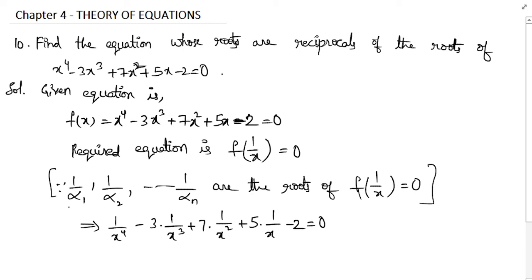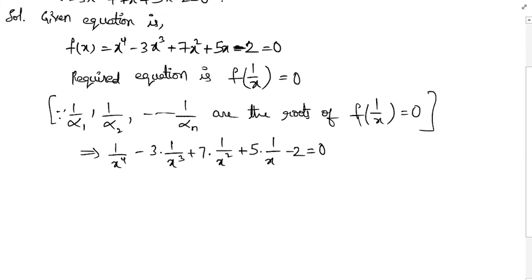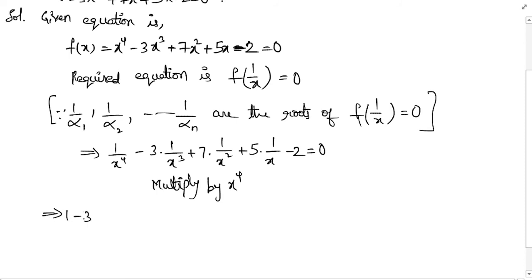Now we will multiply by x⁴. If we multiply by x⁴, what do we get? 1 − 3x + 7x² + 5x³ − 2x⁴ = 0.